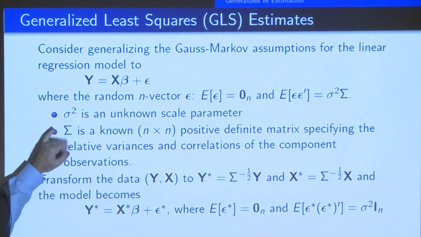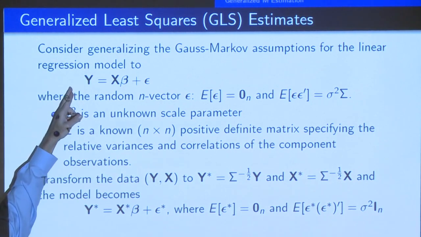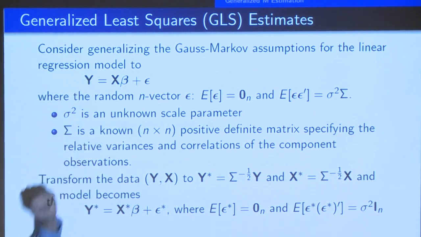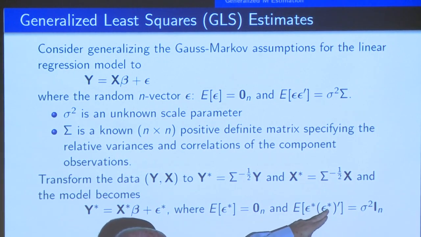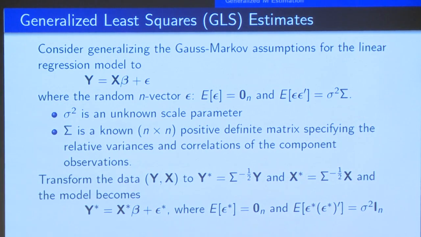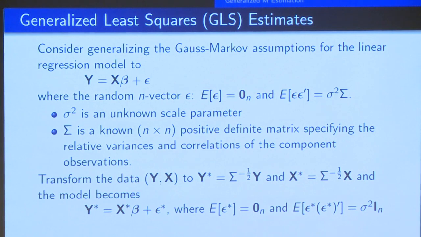We're basically multiplying this regression model by Sigma to the minus a half across. And epsilon star actually has covariance matrix equal to sigma squared times the identity. So if we just take a linear transformation of the original data, we get a representation of the regression model that satisfies the original Gauss-Markov assumptions.